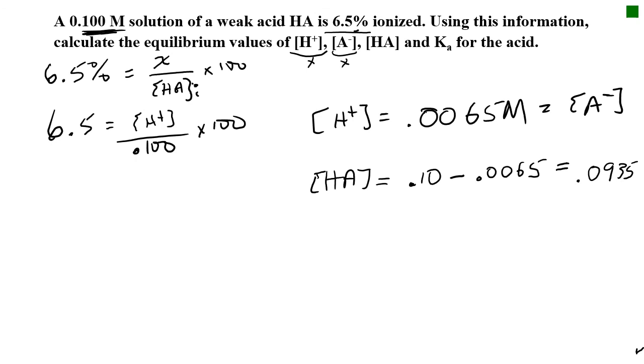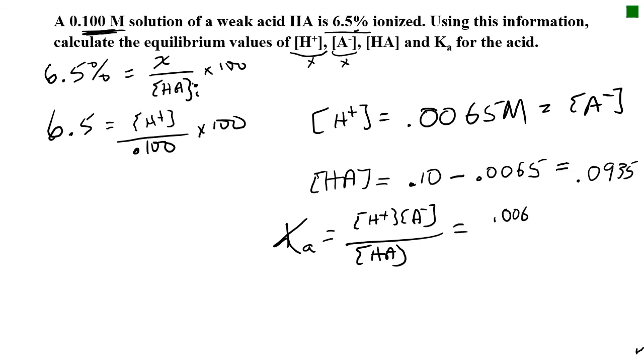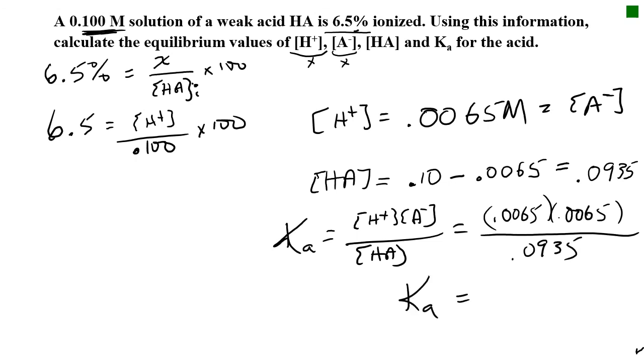And if we want to find our Ka value, well, our Ka is going to equal the concentration of H plus multiplied by A minus over HA, which is going to equal 0.0065 times 0.0065 divided by 0.0935, and we're going to get a Ka value for this particular acid of 4.5 times 10 to the minus 4.